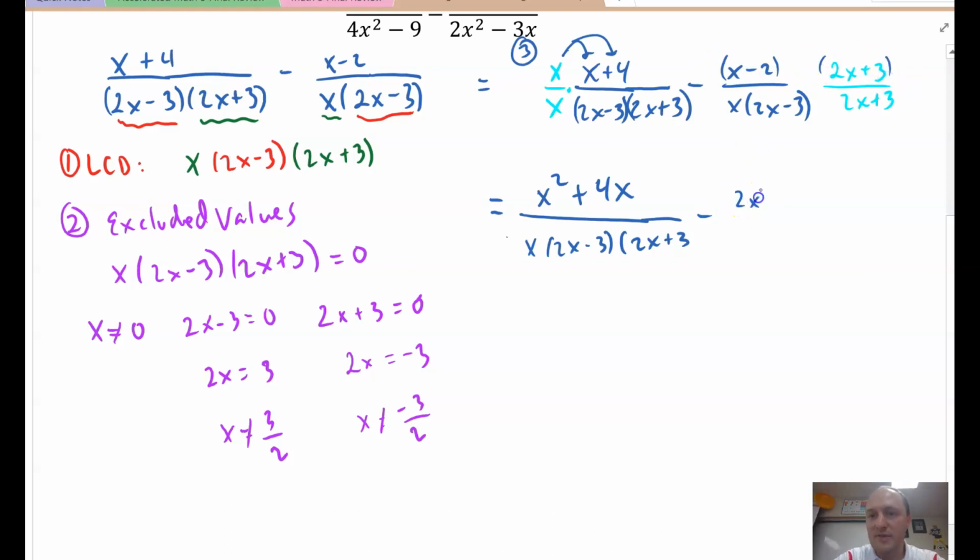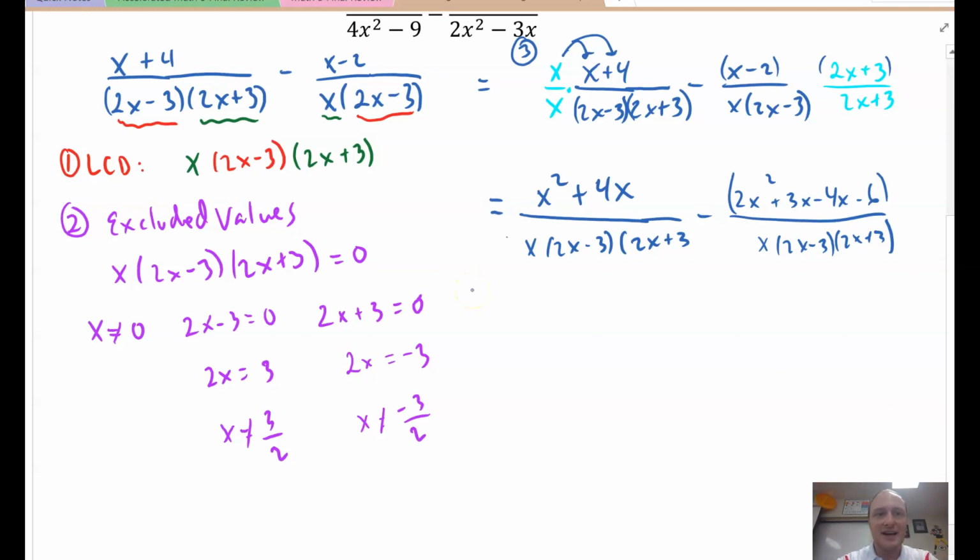So 2x squared plus 3x minus 4x minus 6. And I'm going to put this in parentheses, and I'll let you know why in a moment. Over x times 2x minus 3 and 2x plus 3. Okay, so I've introduced my factor, and I have multiplied those out. So there's step 3.